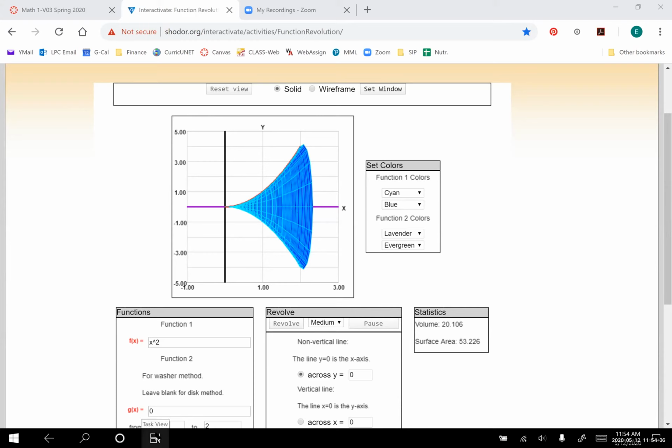Okay, so let's take that visualization now that we know what our solid looks like, and we're going to go back and look at the volume of this. Okay, so we've sketched our solid. We could also sketch a typical cross section just to see what that would look like.